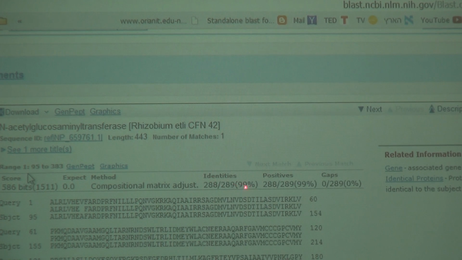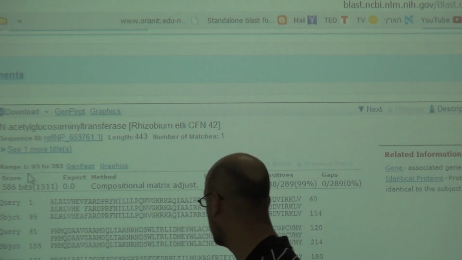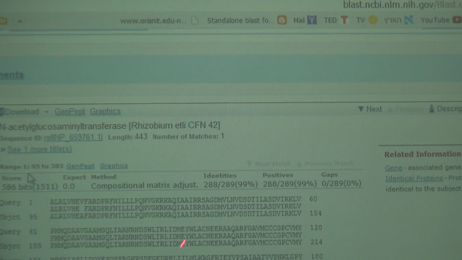We have the identities, that is, what is the percentage, how many matches, and you see that almost all of them are matches.